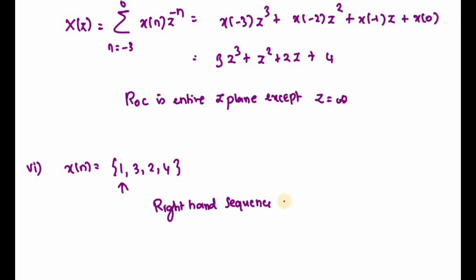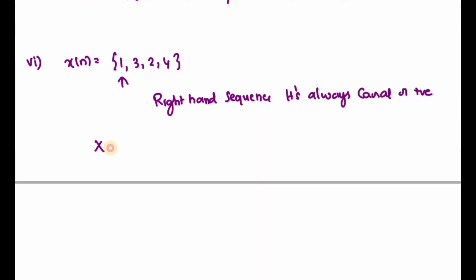I told you it is always causal or positive sequence, right? So this I can write as x of z is equal to 1 plus 3 z power minus 1 plus 2 z power minus 2 plus 4 into z power minus 3.